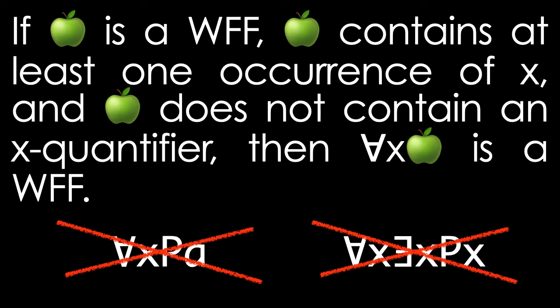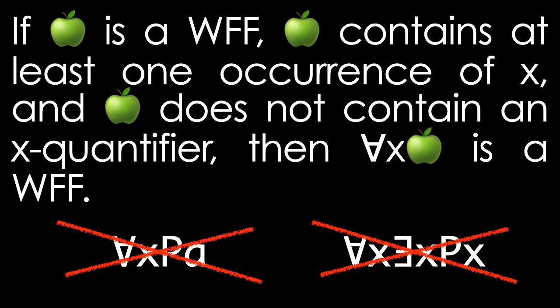Here's how it goes. If you have a well-formed formula and it contains at least one occurrence of a variable, and it doesn't have a quantifier for that variable yet, then "for all x" put in front of it produces another well-formed formula. So for all x, Pa doesn't count as a well-formed formula.